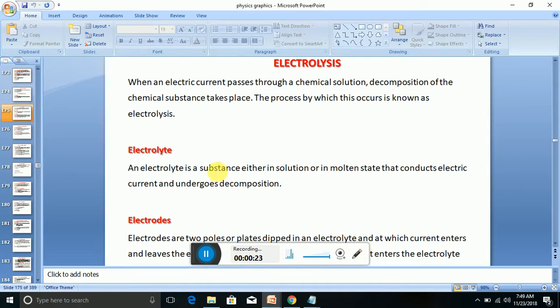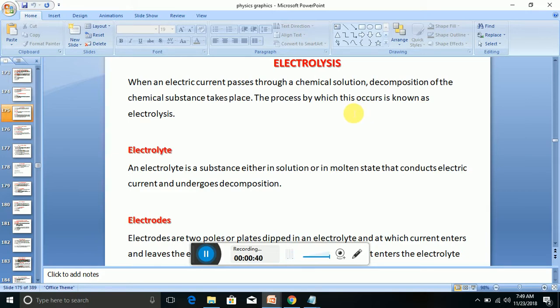What brings about electrolysis? When an electric current passes through a chemical solution, decomposition of the chemical substances takes place. The process by which this occurs is known as electrolysis.